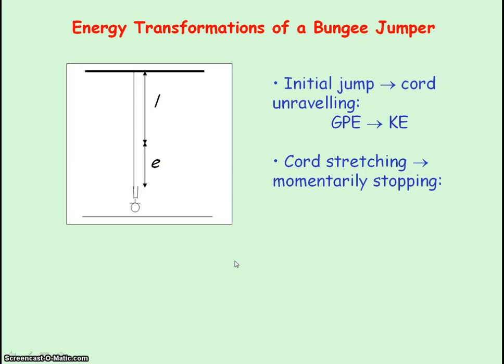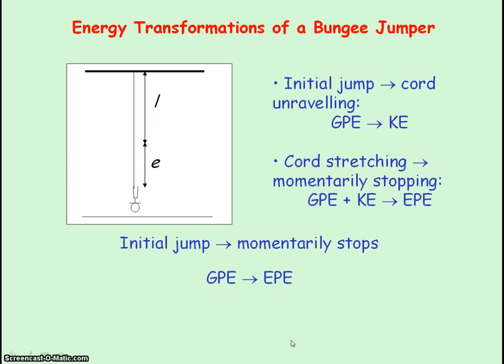However, from when the cord begins to stretch to when it momentarily stops, the gravitational potential energy and the kinetic energy are converting into elastic potential energy. Gravitational potential energy is lost because the bungee jumper is losing height, and the bungee jumper is decelerating, slowing down, so it's losing kinetic energy, and the cord is stretching, so it's gaining elastic potential energy.